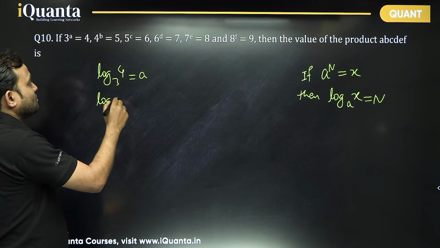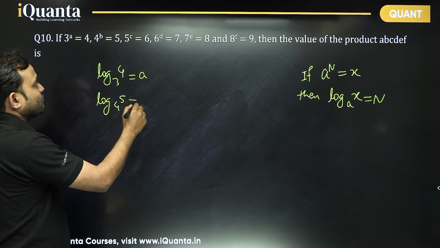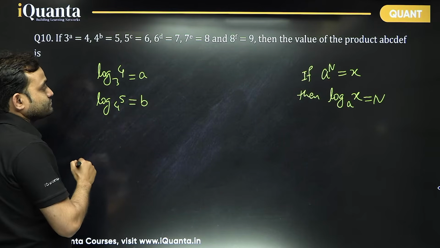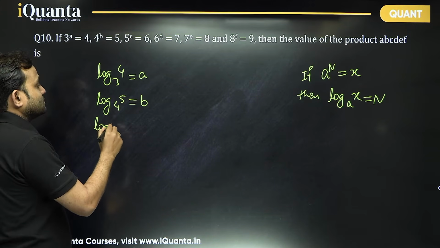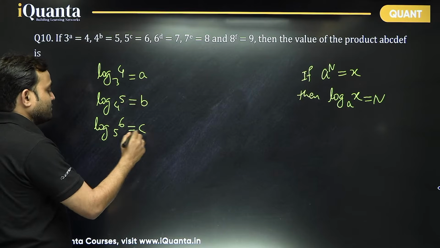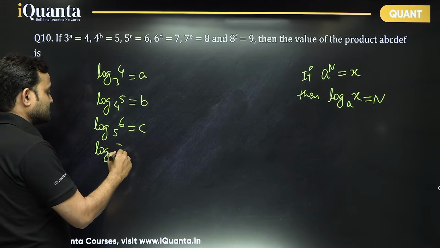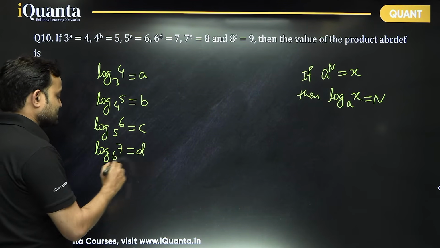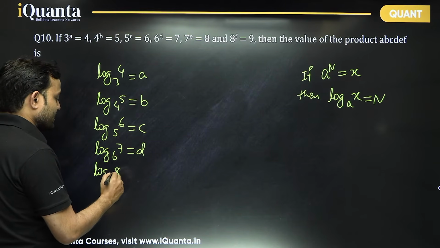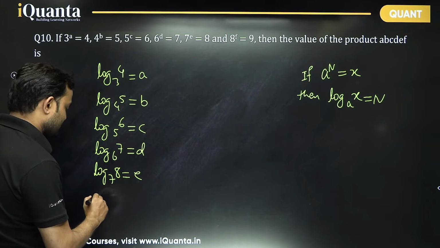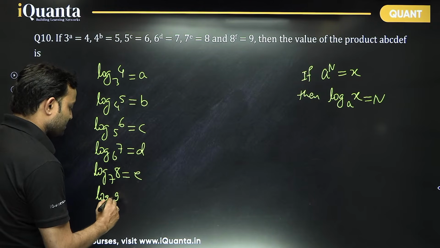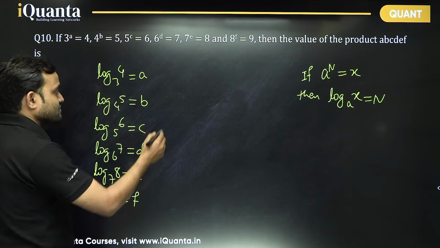Similarly, log 5 base 4 will be equal to b. Log 6 base 5 will be c. Log 7 base 6 is d. Log 8 base 7 is e. Log 9 base 8 is equal to f.